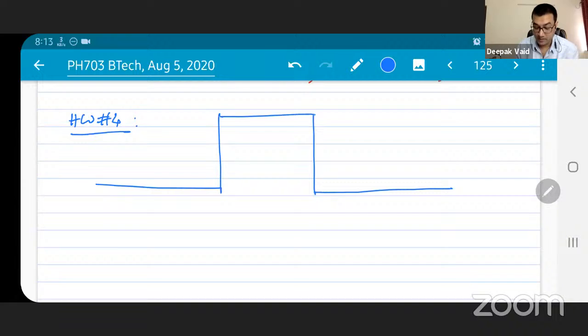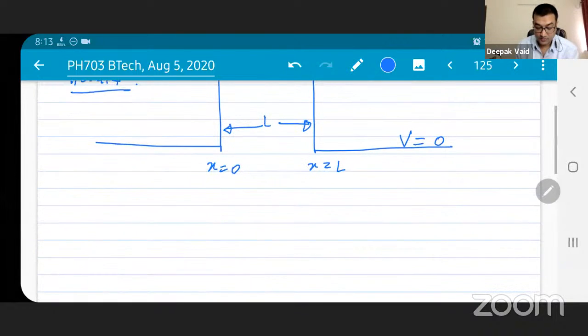You have a particle on a line where the potential is defined in this way. So instead of a potential well, what you have is a potential barrier. You can say this is x equal to 0 and L, and the width of this barrier is L. And you have 3 regions, as in the case of the potential well.